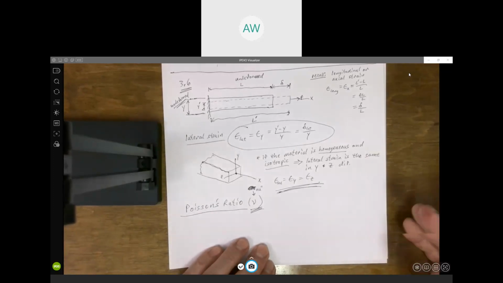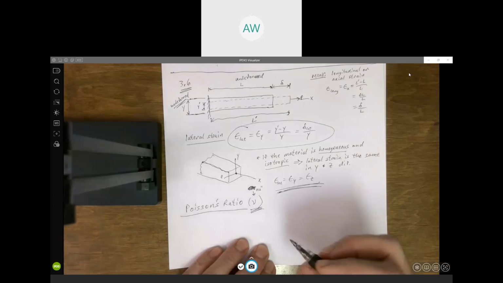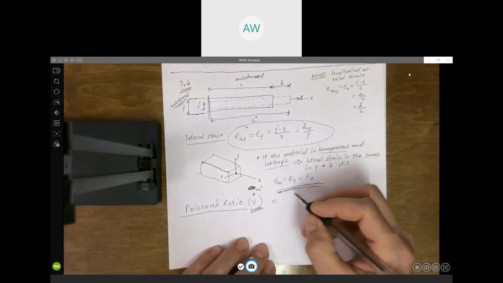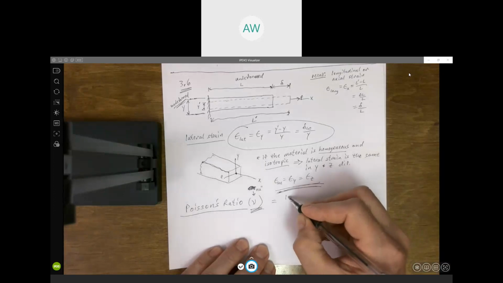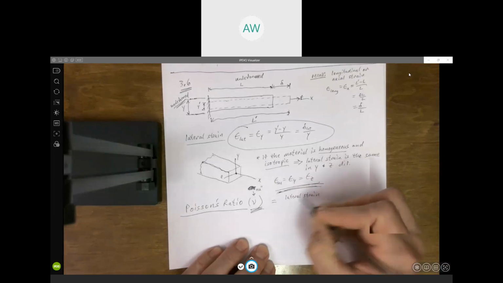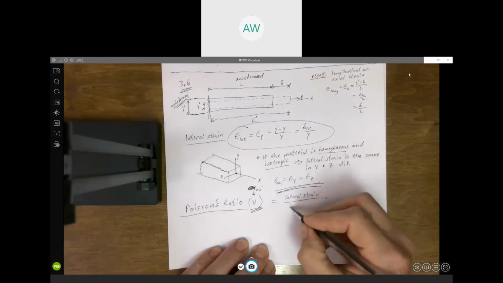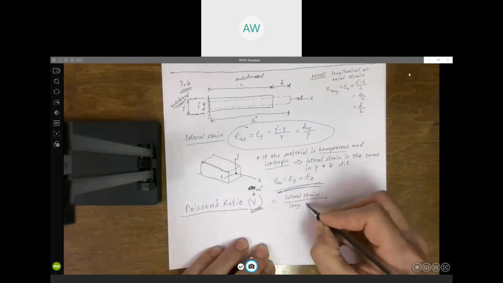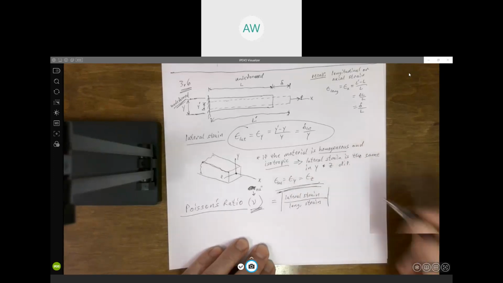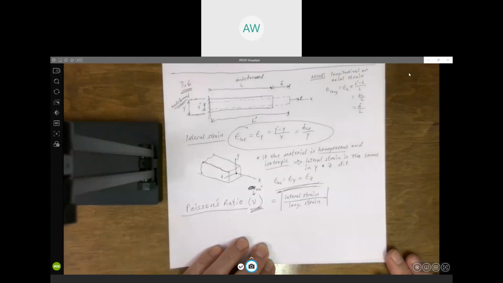Now, Poisson's ratio, as the name implies, is a ratio involving longitudinal strain and lateral strain. In fact, if you want a wordy definition, it is the lateral strain over the longitudinal strain. And if we write it like this, we need to employ absolute value.